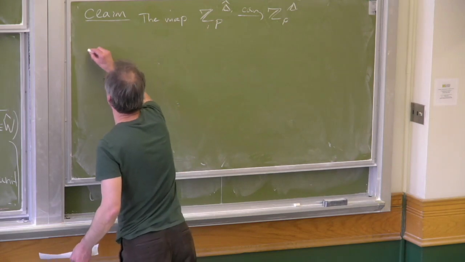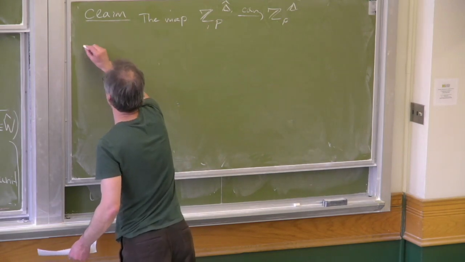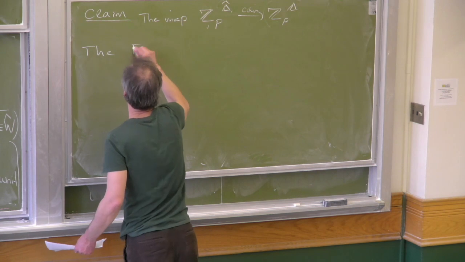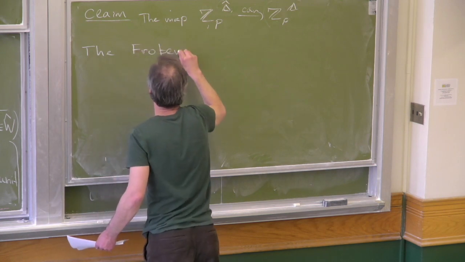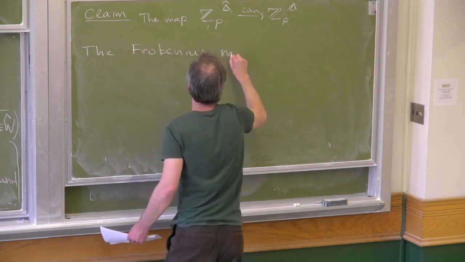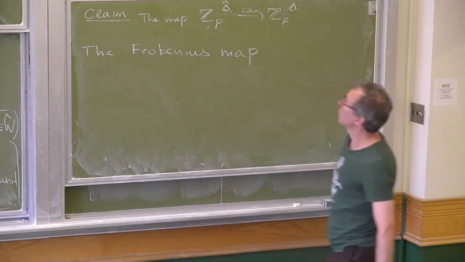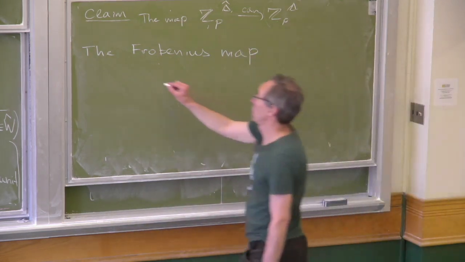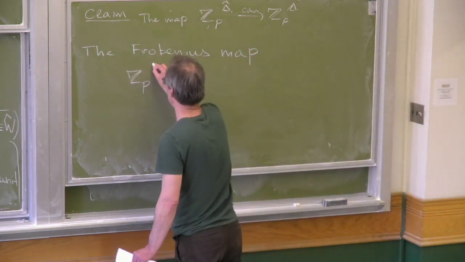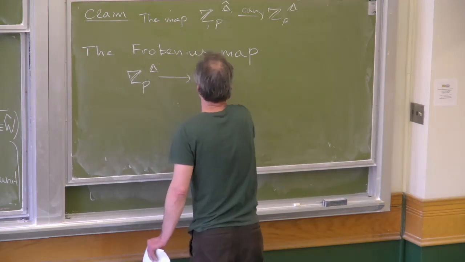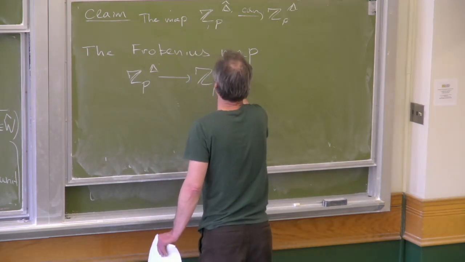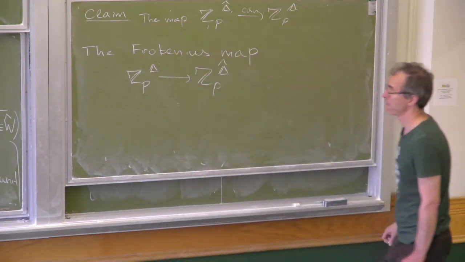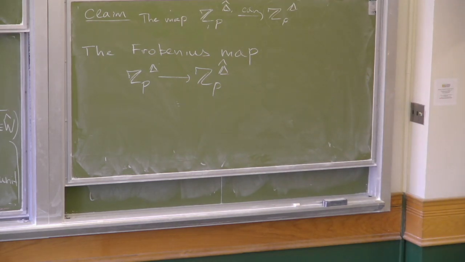The Frobenius. So the Frobenius map goes from the C_p prism to the C_p sheared prism.